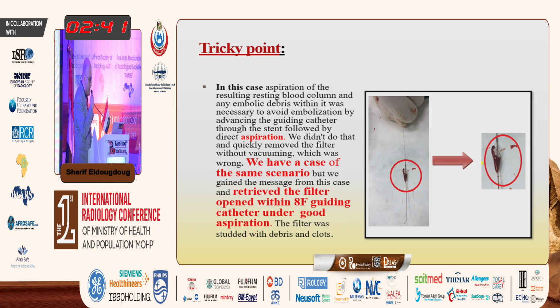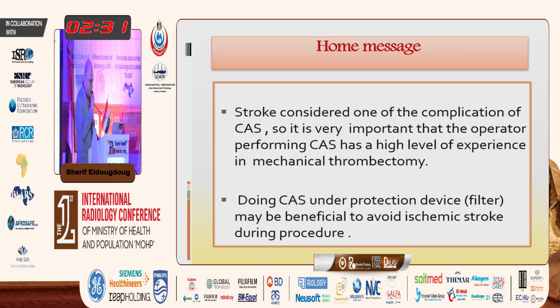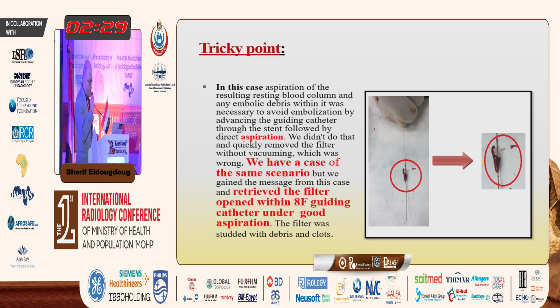This is a case of the same scenario, but what we did in this case was different. After angioplasty there was also arrest of flow in the ICA. Then we deployed the stent first. Then we passed through the stent with the guiding catheter distally under aspiration and retrieved the filter slowly down through the guiding catheter under aspiration, and the filter was retrieved opened.